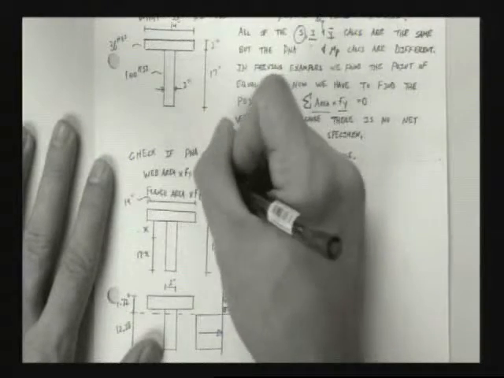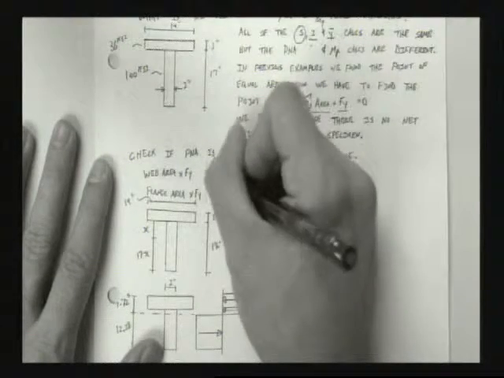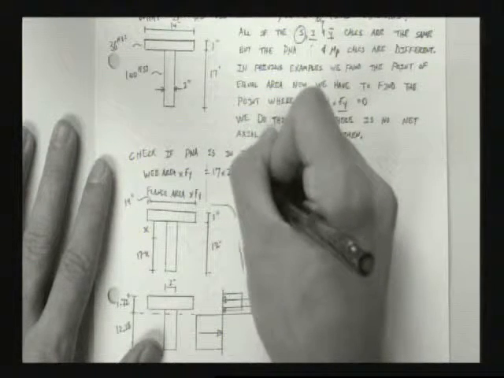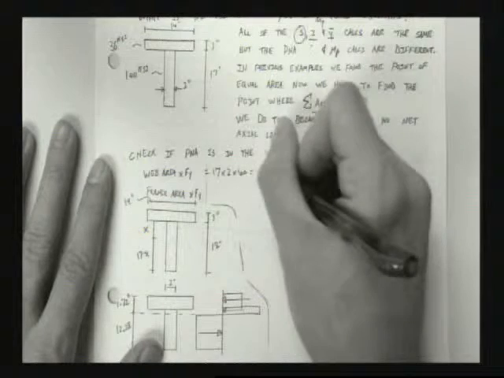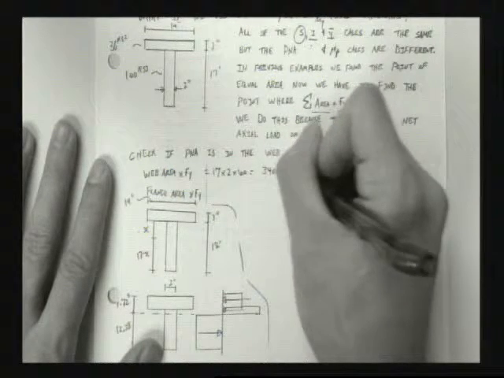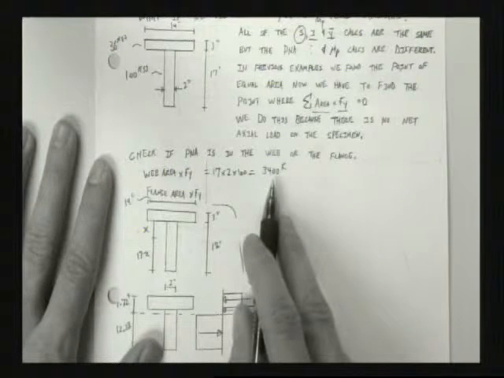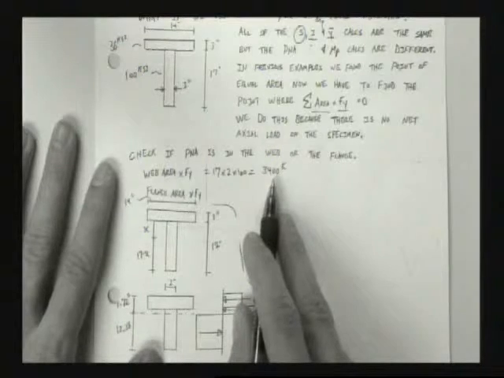Area of the web times F_y. Well, that's going to be 17 times 2 times 100. That's 3,400 kips. Is that a lot of load? It's like 170 Toyota Corollas. It's a lot of load.